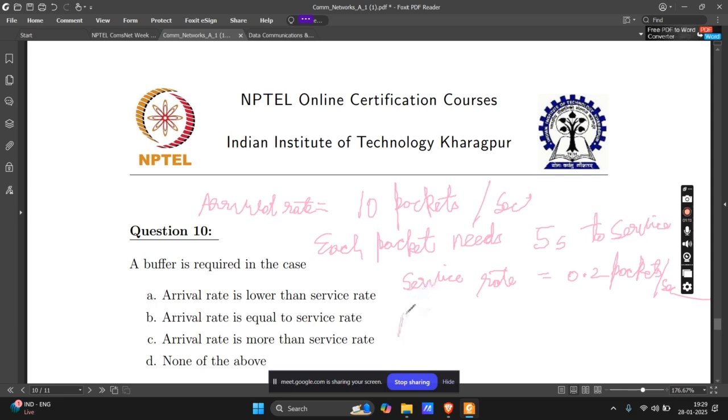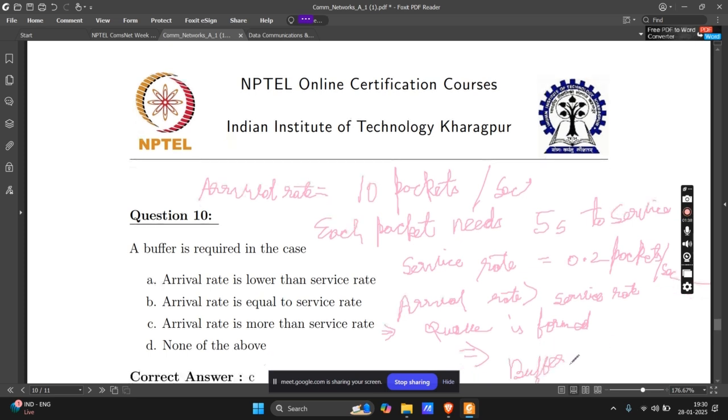So if arrival rate is greater than service rate, it implies a queue is formed. If a queue is formed, where does the data go? The data that has been sent but has not been serviced yet goes to a buffer because it cannot be lost. So a buffer is needed.